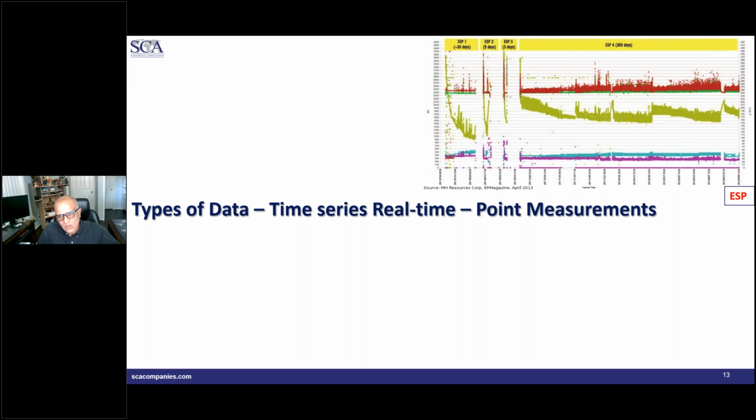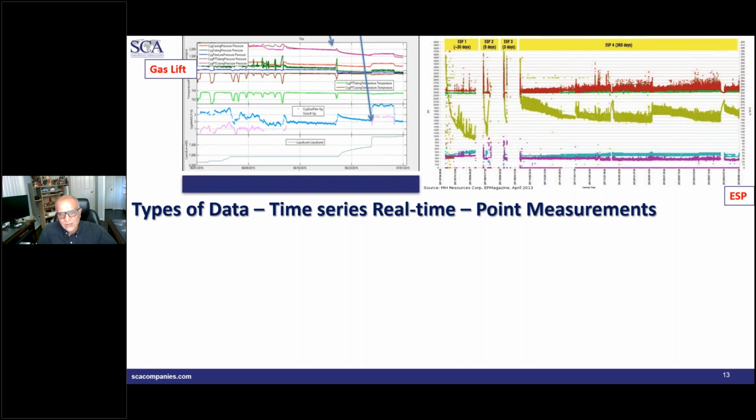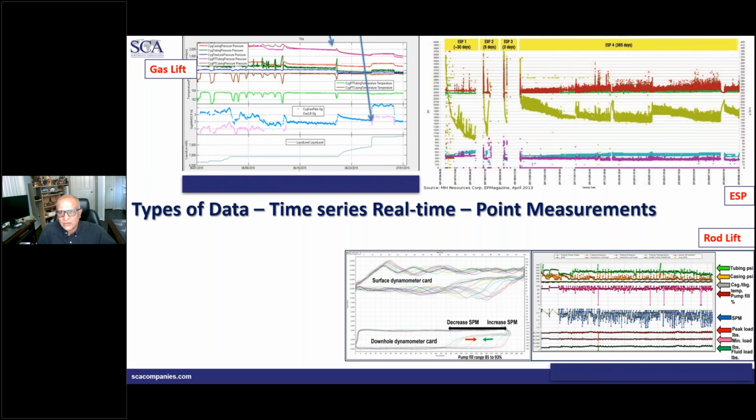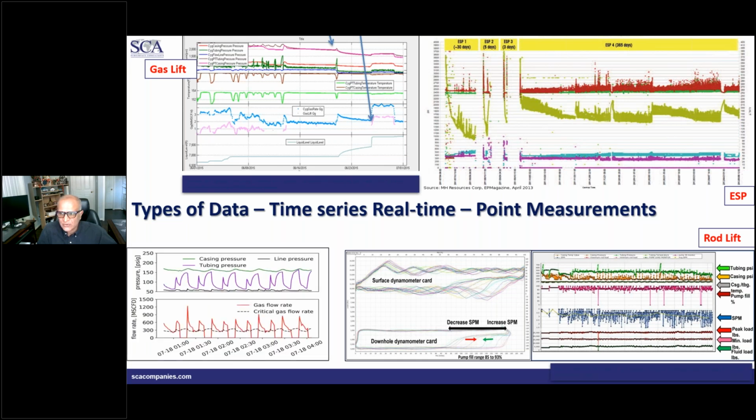Now let's look at some of the data types. Starting from the top right corner, we are looking at some traces coming from the electrical submersible pump, or ESPs. ESPs were traditionally the most instrumented artificial lift system when they started.